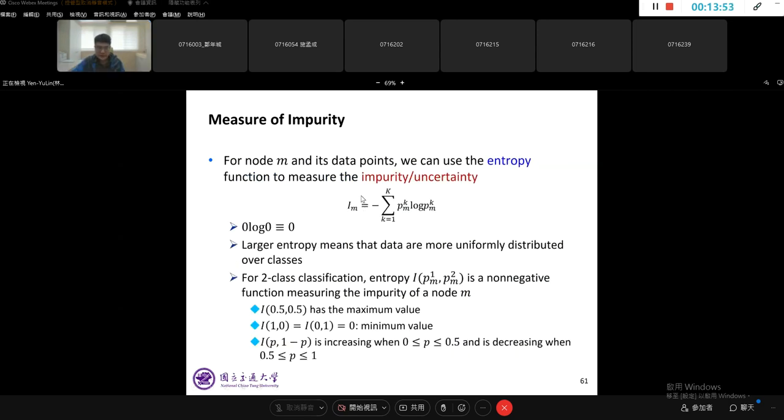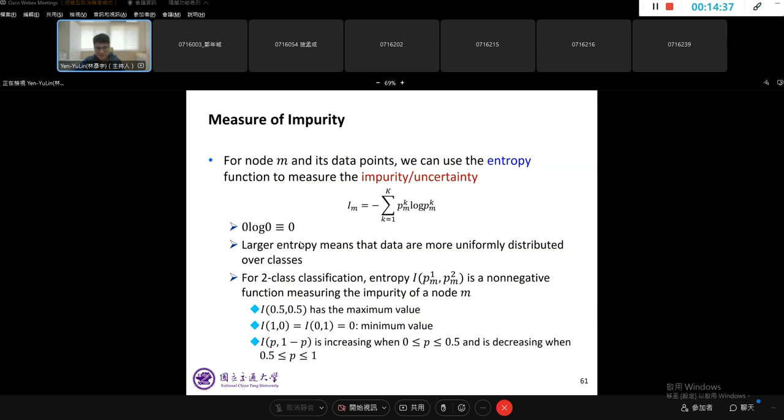Let's look at how to calculate the impurity or uncertainty for data points reaching node m. We call it entropy. This is an important and widely used measure for multi-class classification. So I_m is the entropy of node m. Here is its definition. As you can see, there is a sum operator over classes. Inside the sum operator, it is P_mk log P_mk, with a negative sign.